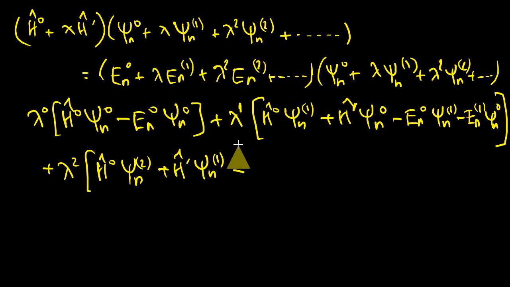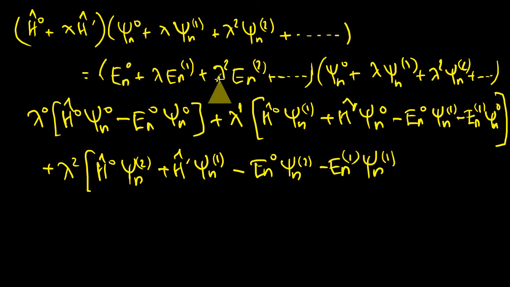Then it is minus en 0 psi n 2, minus en 1 psi n 1, then lambda square en 2 psi n 0, so minus en 2 psi n 0.